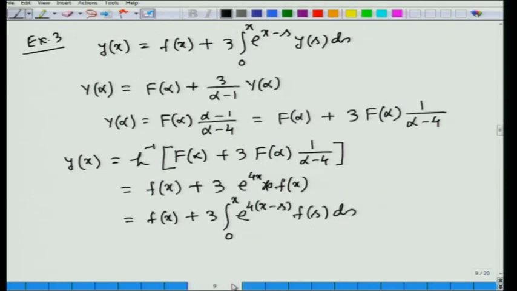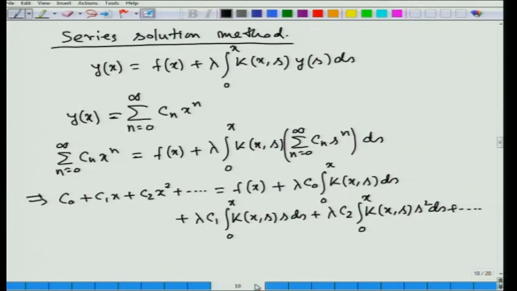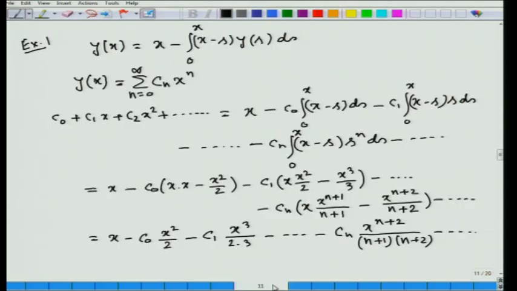And then we considered the series solution method, where we assume the solution in the form y x equal to the sum from n equal to 0 to infinity of c n x to the power n. After substituting this expression into the integral equation, we get some recurrence relation by equating the general form of the x to the power n term.